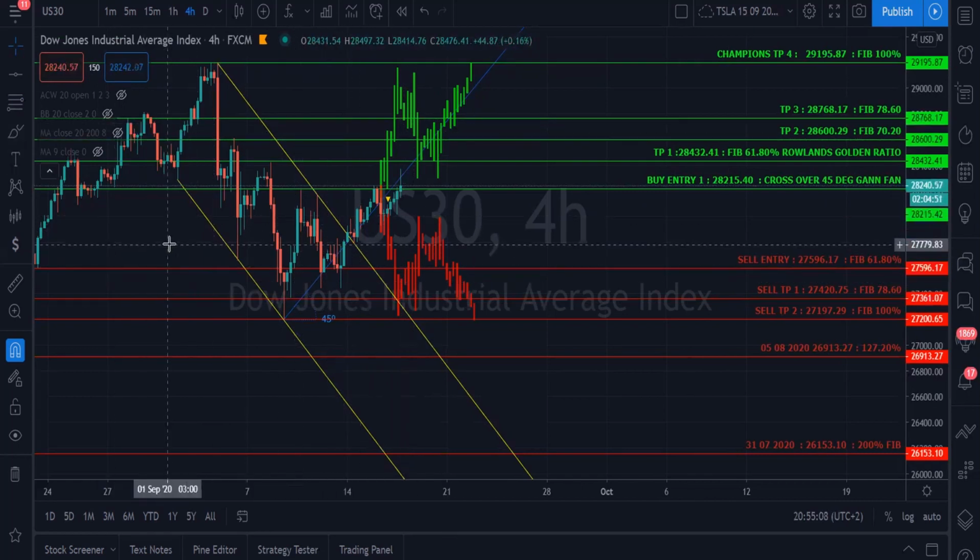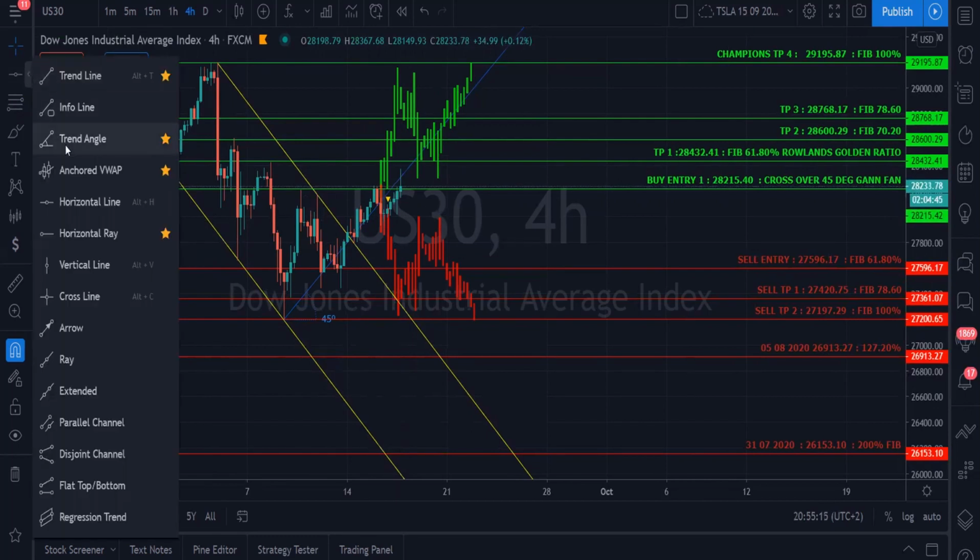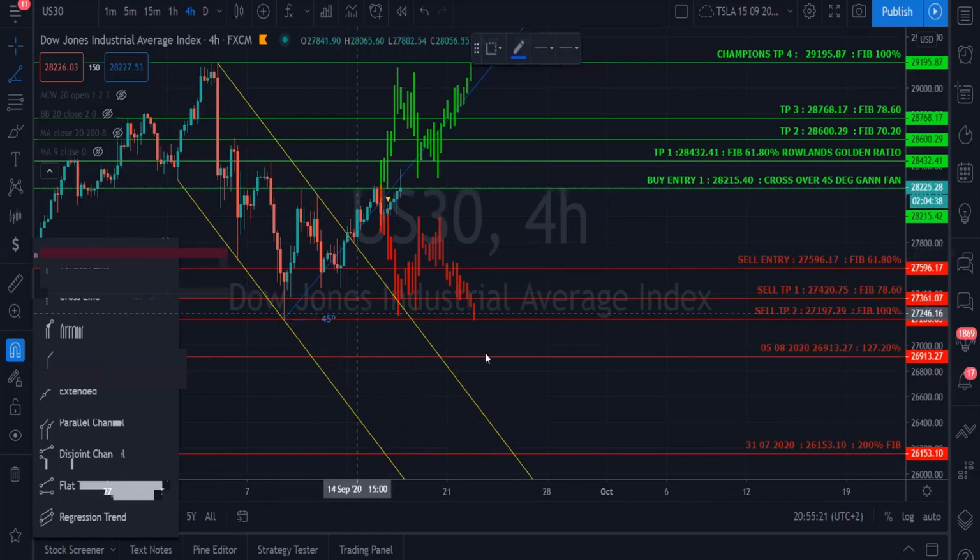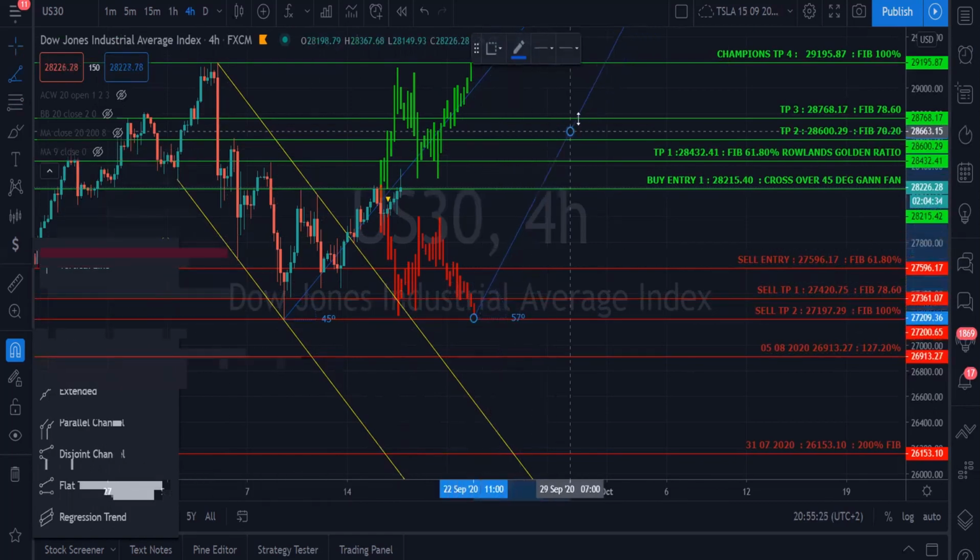Now, another thing is that looking at this, beside the Fibonacci tool, there is a tool that we use from here. It's called a trend angle. If you click on the trend angle, you can come to here, for example, and pull an angle.